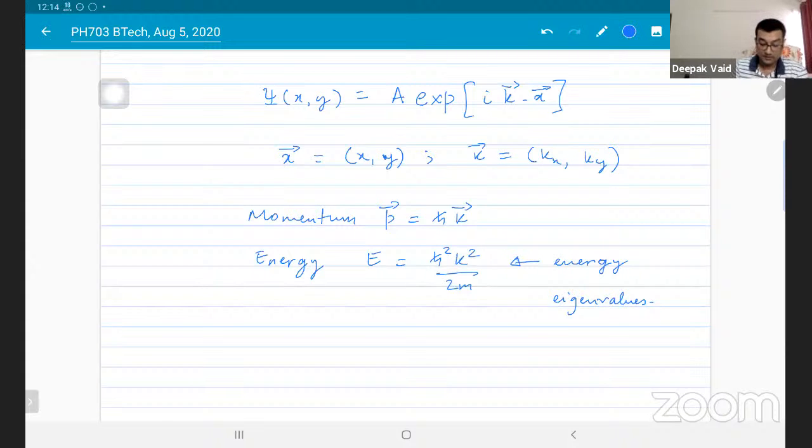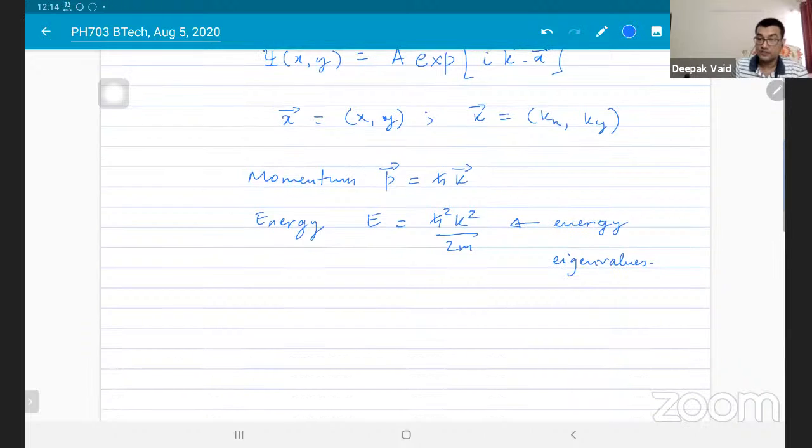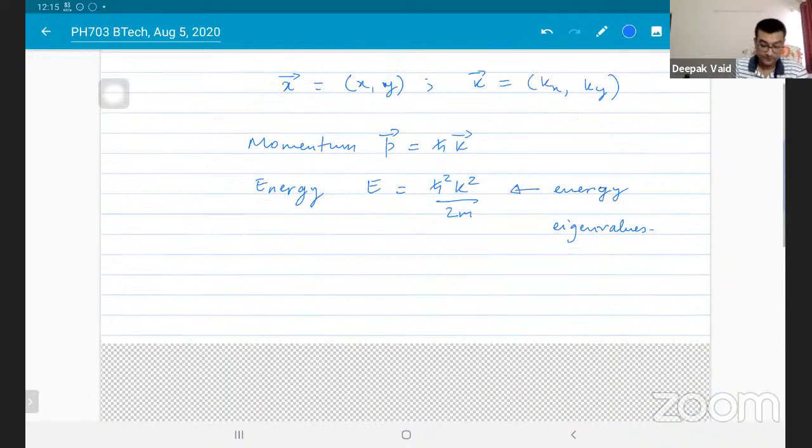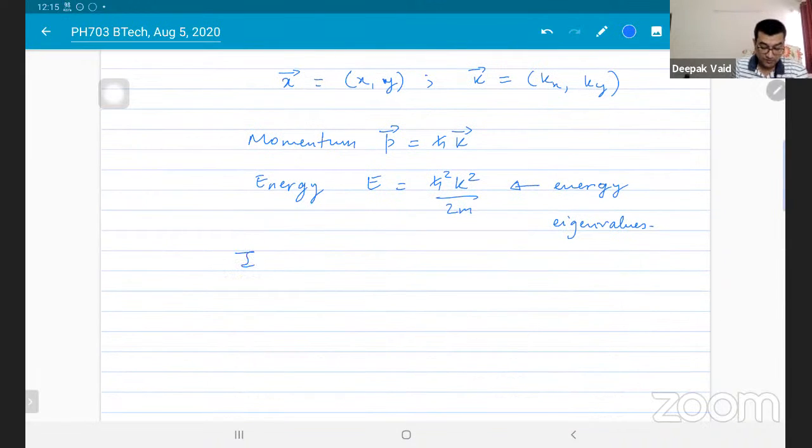But the question is, is there any restriction on the values that this k can take? kx and ky, can they be any arbitrary numbers? If the potential is 0, then kx and ky, there is no restriction on them. They are just arbitrary real numbers.